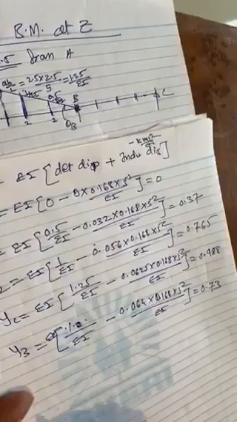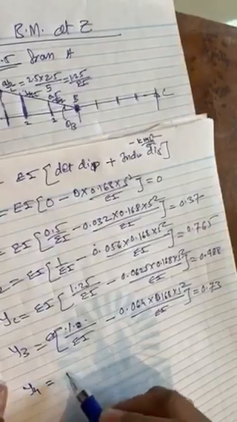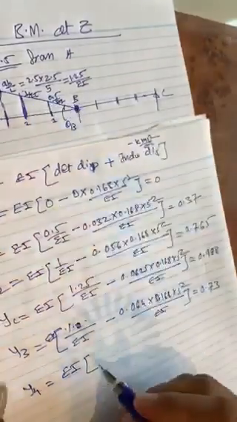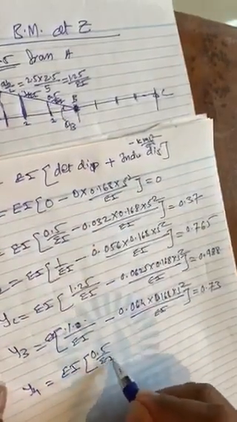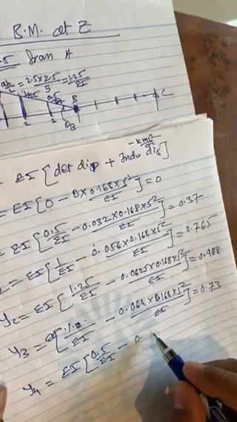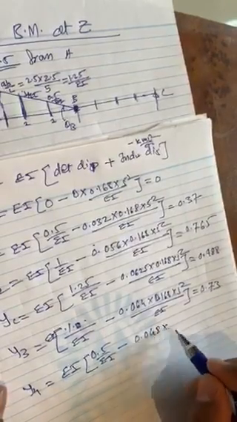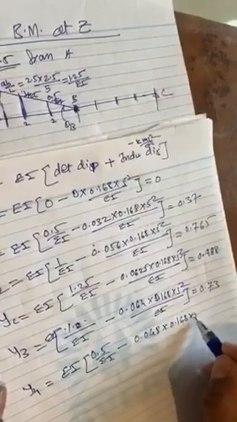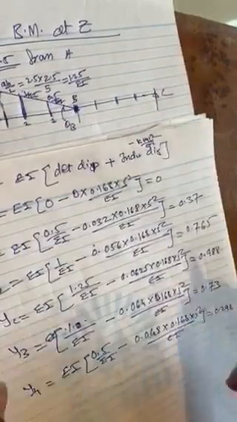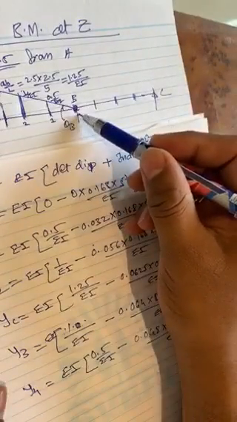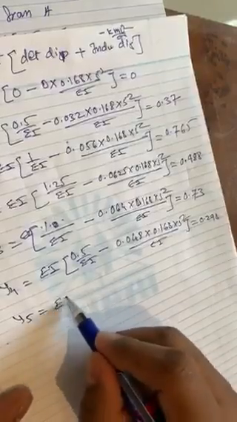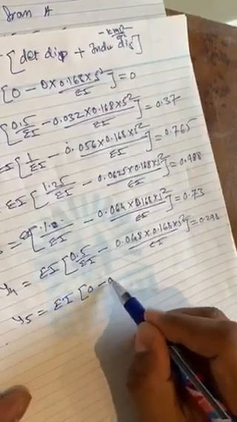And then the last one is y4, that is EI in bracket 0.5. This determinate value is 0.5 by EI minus 0.048 into 0.168 into 5 square divided by EI, and is equal to 0.298. And at the center point this is also 0, k is 0, so y5 will be EI in bracket 0 minus 0 is equal to 0.